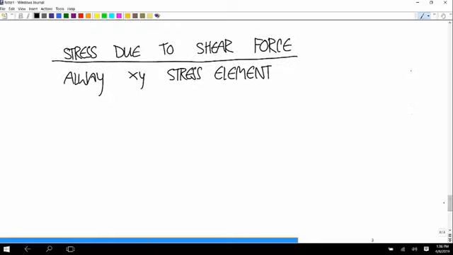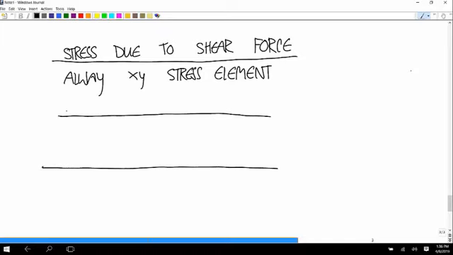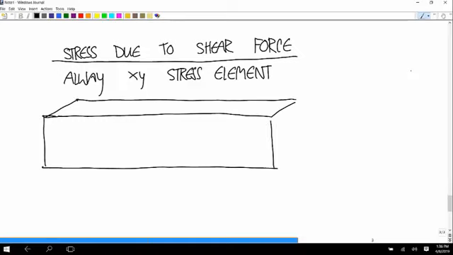It makes sense if you think about it like this. So let's say we're looking at a beam from the side. And let's say this is the X location where we're trying to see what's going on.